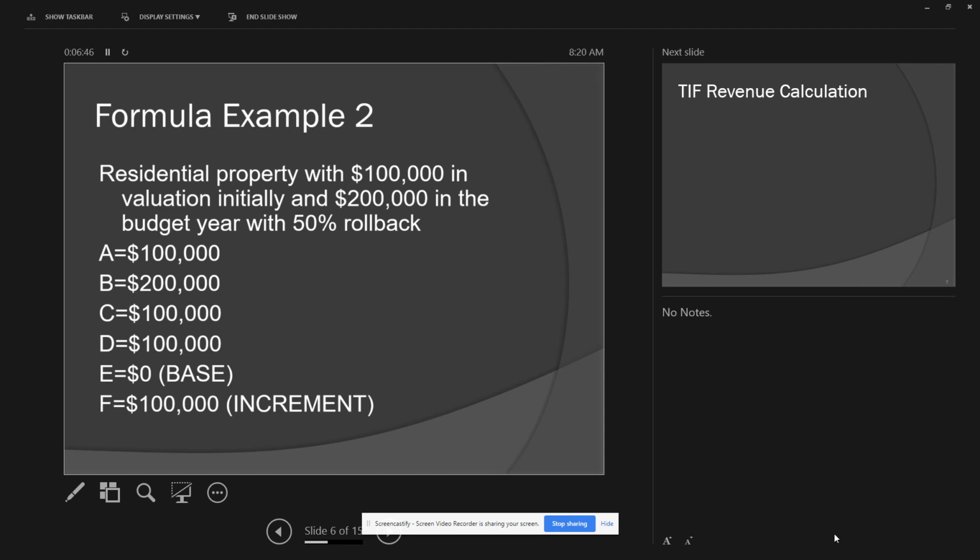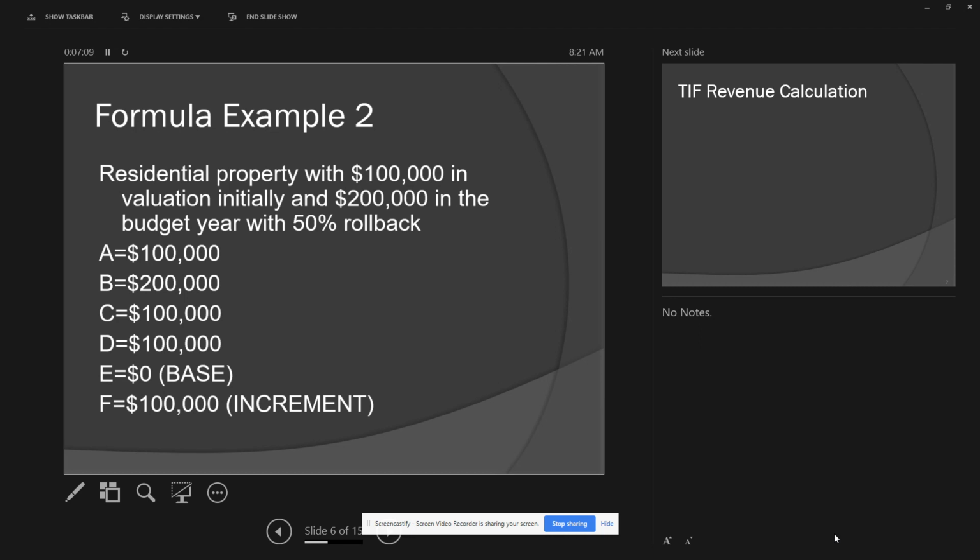So a formula example 2, residential property, again with that 100,000 in value initially, so frozen base of 100,000, but say it's a few years later and the value now is 200,000 in the budget year. Residential property, we know typically has, in recent years, been a rollback around 50%.